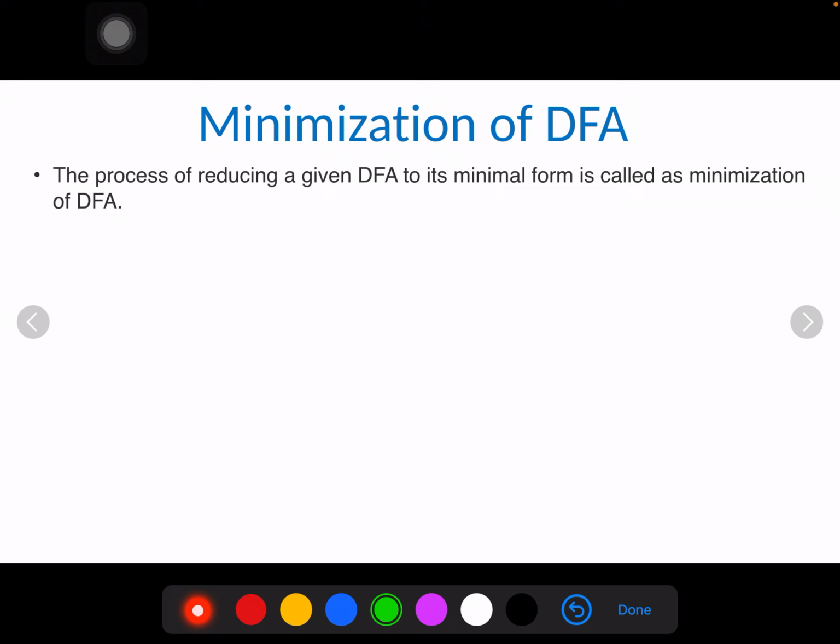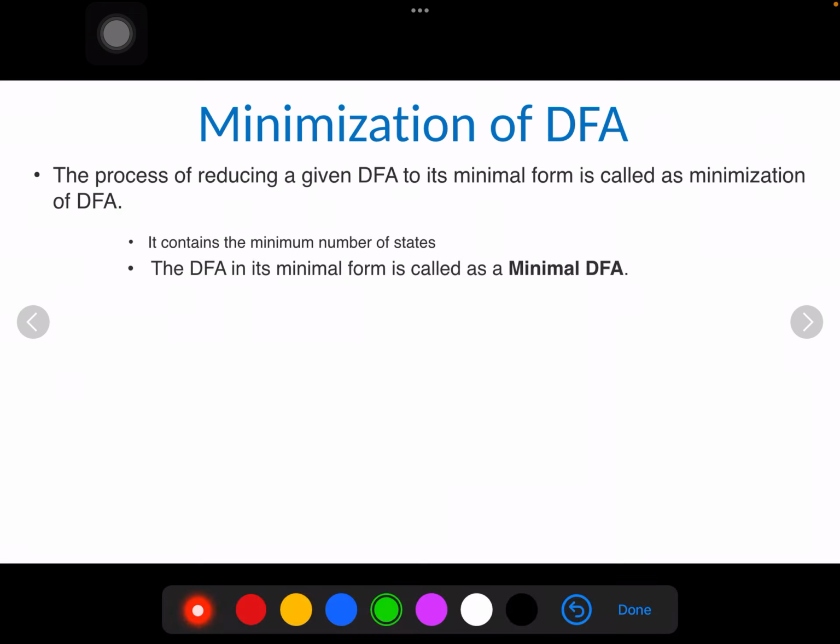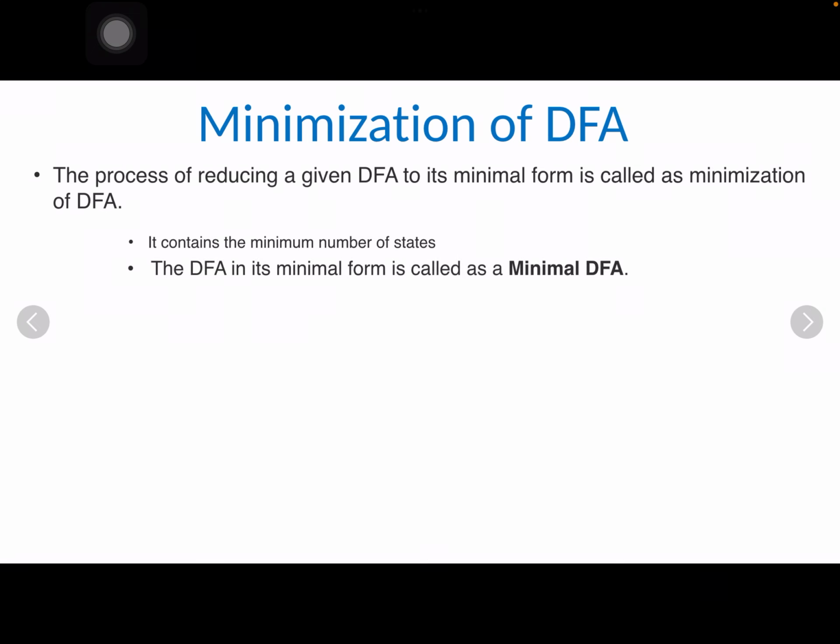The one who constructed the DFA using 5 states has the most minimal DFA compared to the other who used 10 states. That's the reason you need to reduce it. A DFA that contains the minimal number of states is called a minimal DFA.